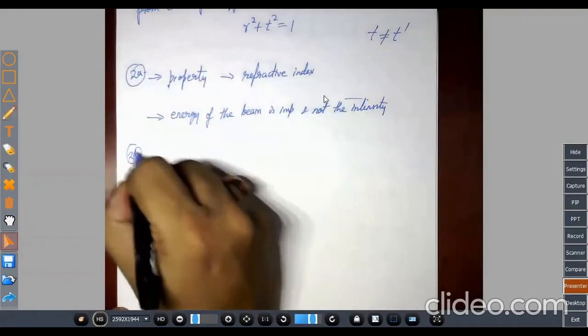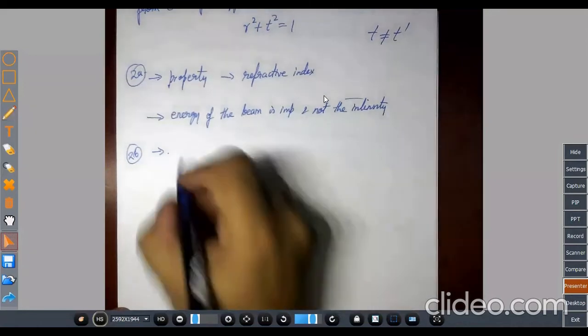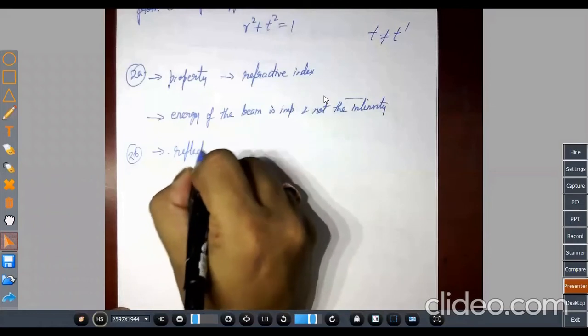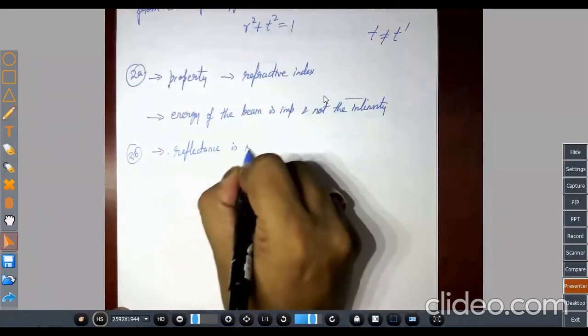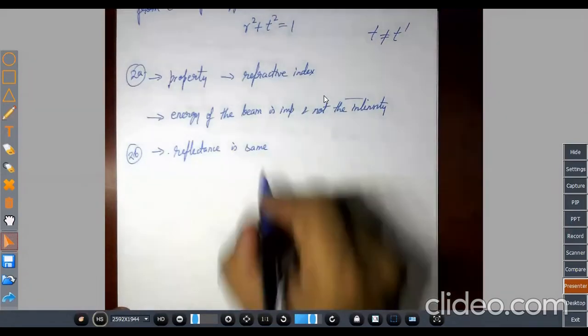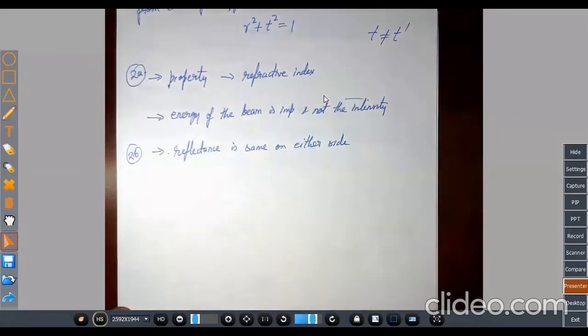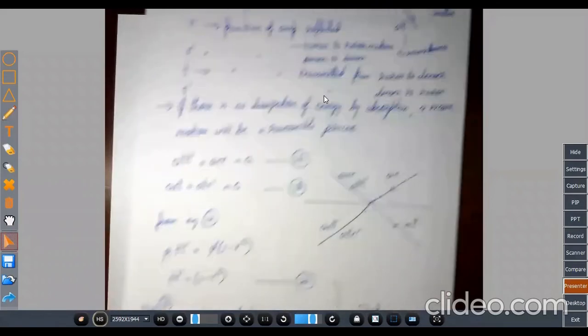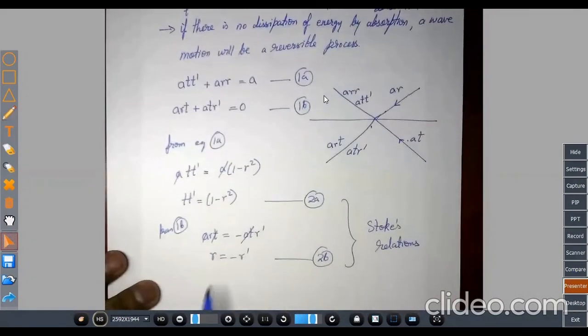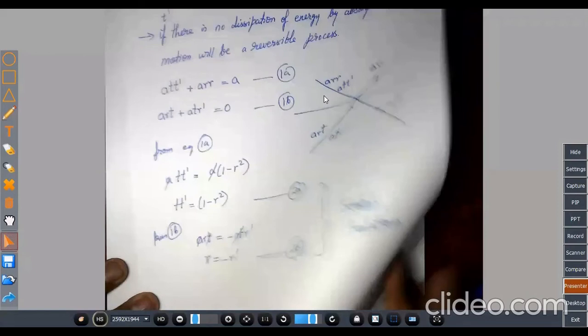From equation 2b, we can say that the reflectance is the same on either side. This is the second relation. r is equal to r dash. And now we see this minus sign.